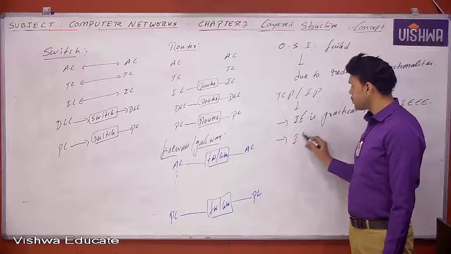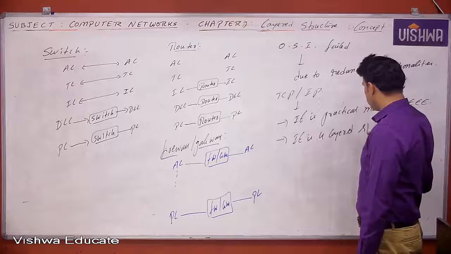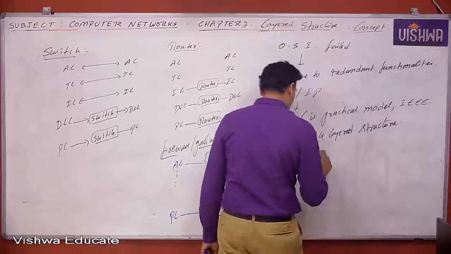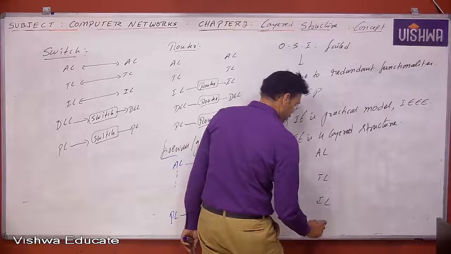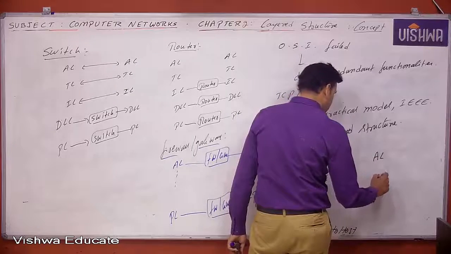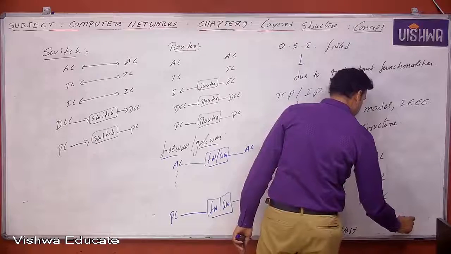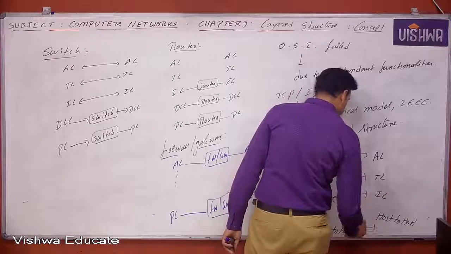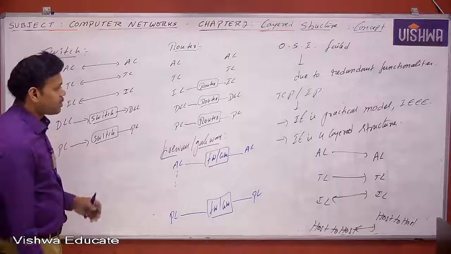It's a 4-layer structure, as we know: application, transport, internet layer, host to host. The rest of the things are the same. Okay friends, just copy this.